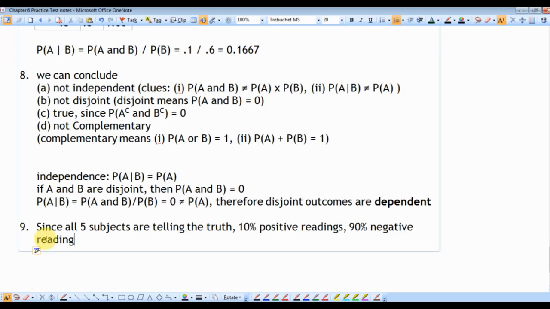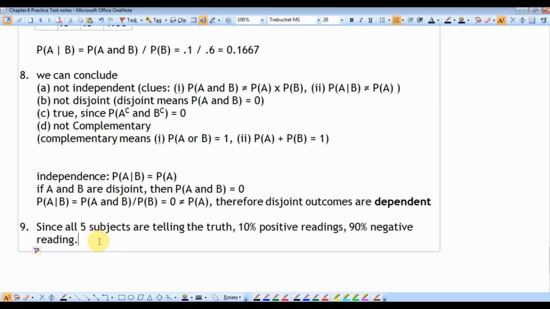Wait, isn't it 95%? No. That 95% doesn't apply because they're all telling the truth. That 95% is unnecessary.